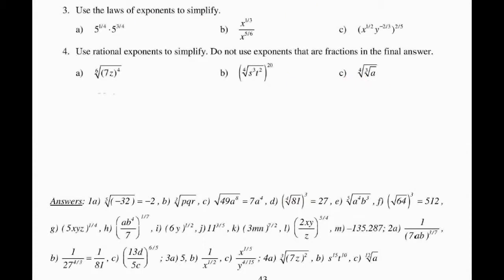Okay, now what we want to do here is use rational exponents to simplify. Do not use exponents that are fractions in the final answer. Again, part of it is understanding what they want. Well, I'm going to use the tools of fractional exponents. I get 7z to the 4/6. Well, what is 4/6? Well, that's 2/3. But they don't want fractions.